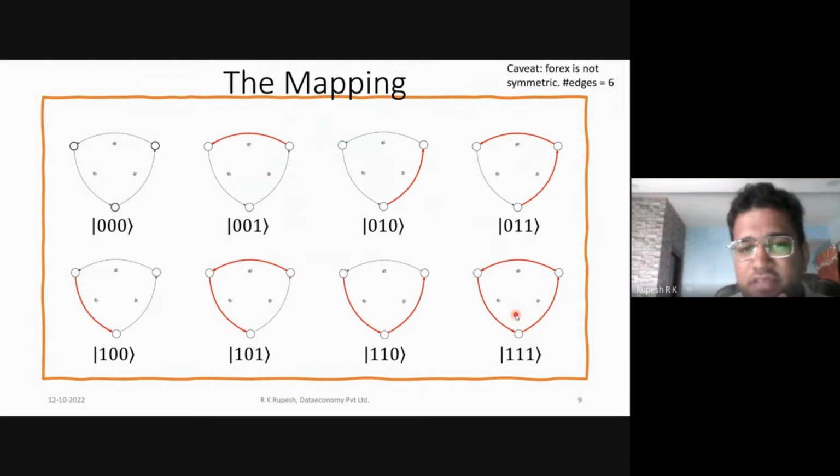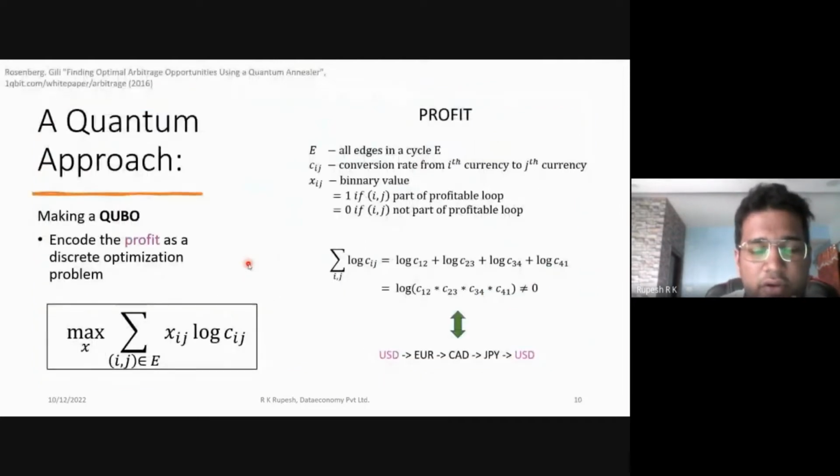Keeping this in mind, we have to encode a profit into our quantum circuit. The profit that we want to get is coded in this little formula that we have here. I'll try to explain what exactly this formula means. What you see inside the summation is a sum over x_ij, which is essentially the qubit measurement result, or basically whether or not an edge is included in the most profitable loop.